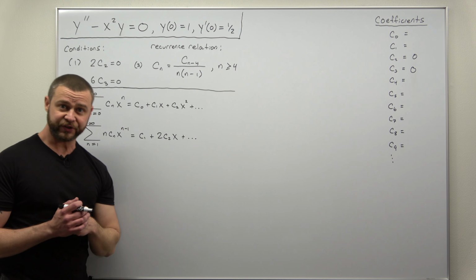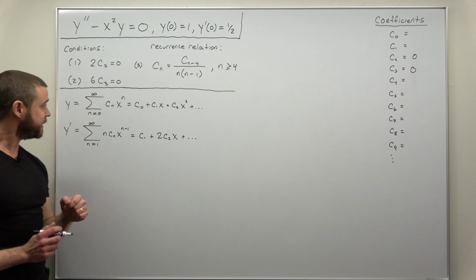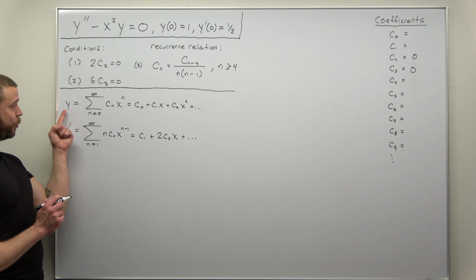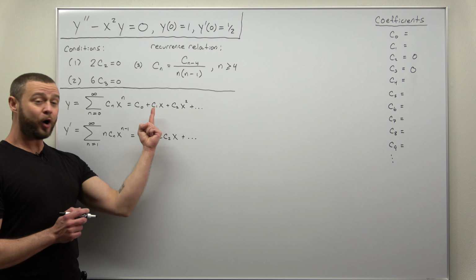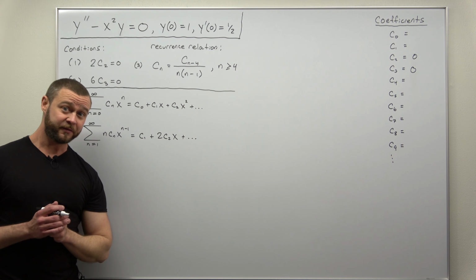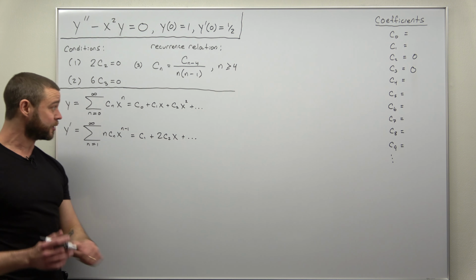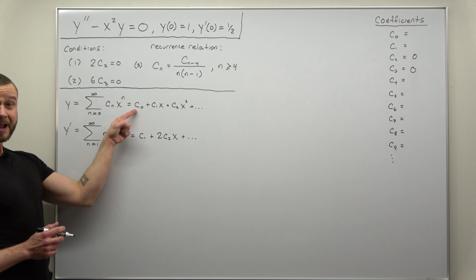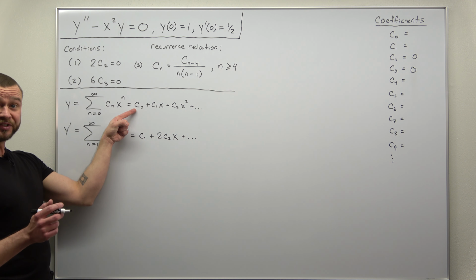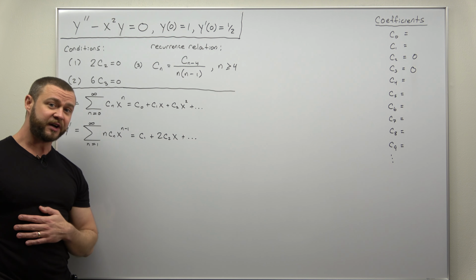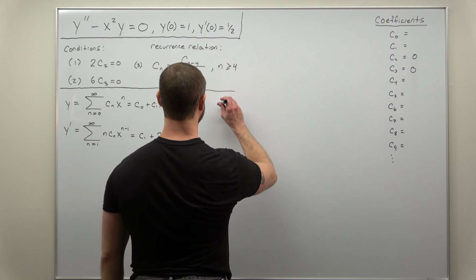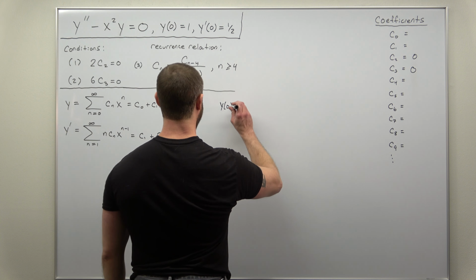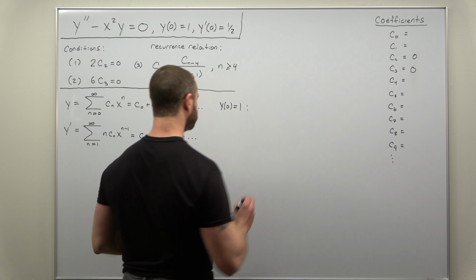Working with power series, this is really nice because if this is our function y, plug in x as 0, almost all of your terms, those involving a power of x, evaluate to 0. If you plug in x as 0, you're just going to be left with c sub 0 on that right side. So let's go ahead and plug in our initial condition, which is y of 0 equals 1.